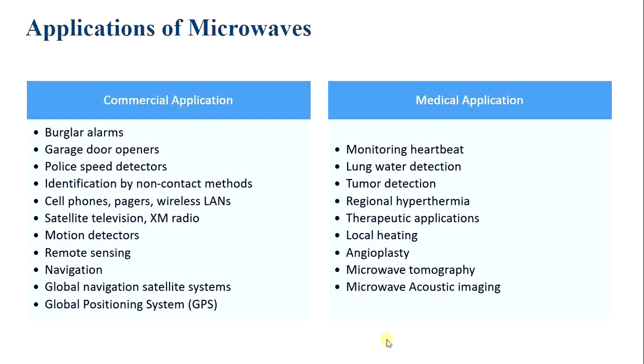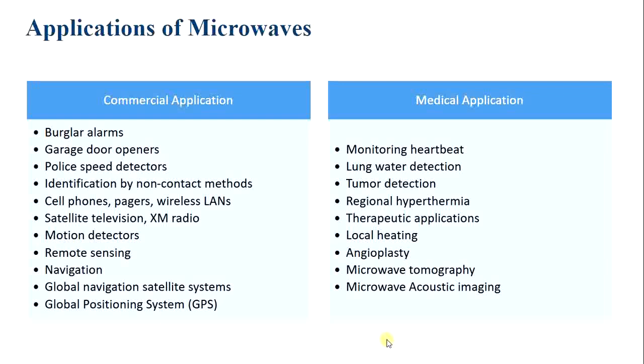Whereas if we are using the microwaves in proportional quantity, then it can be used for curing cancers also, that is the tumor. Cancerous tumors can also be treated by microwaves, but controlled radiations are required.